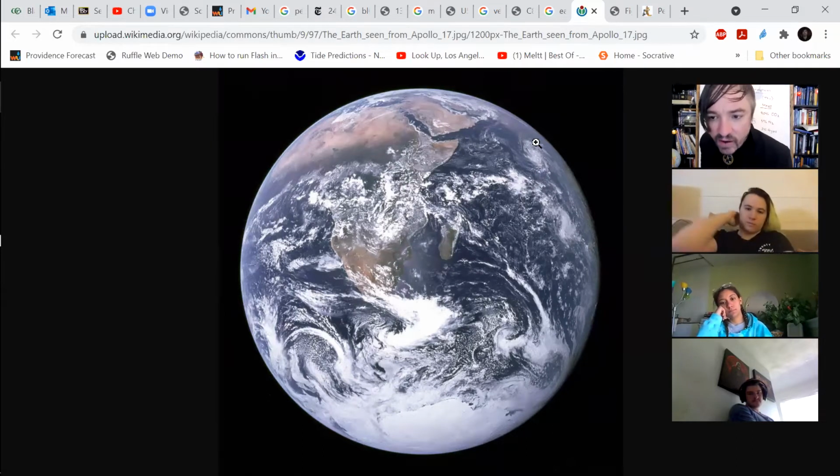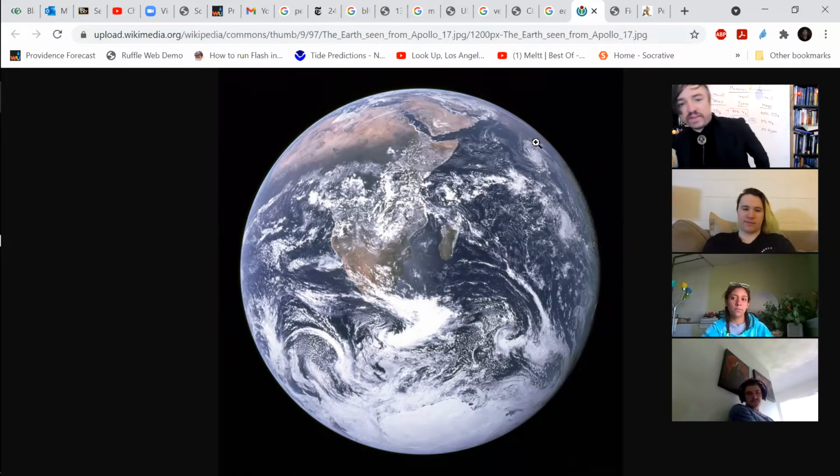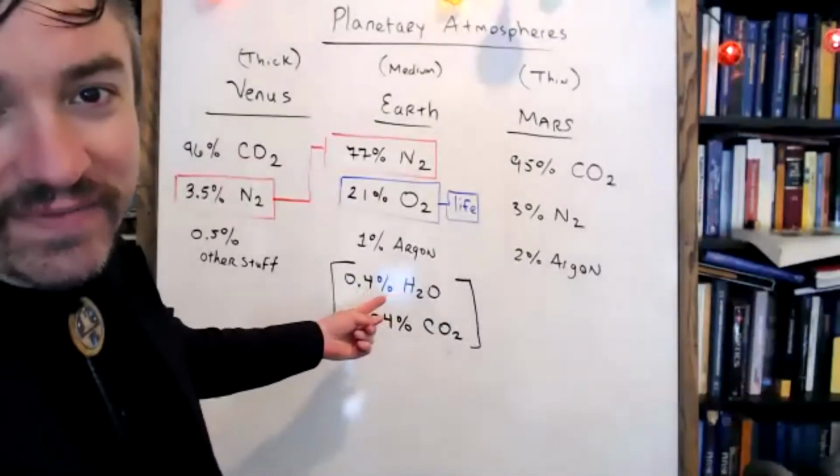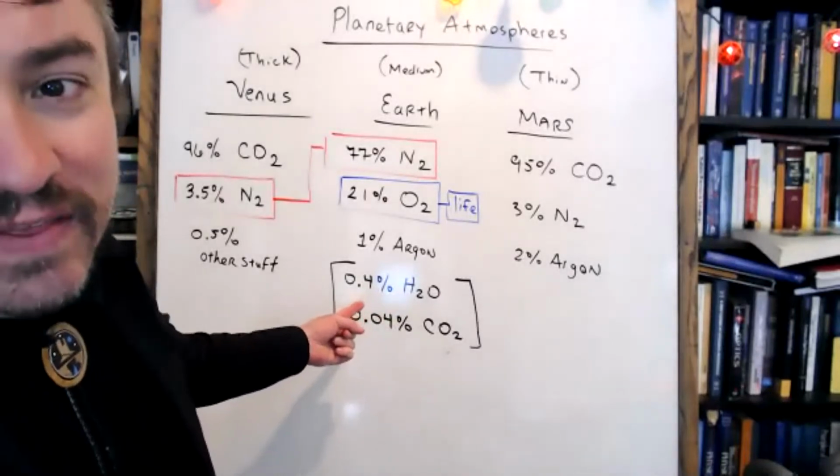If you looked down at the atmosphere of Earth with your eyeballs, what would you conclude is the primary atmospheric gas in Earth's atmosphere? Water? That's right. Because the first thing you see, Jenna, are all those big white watery clouds. And it looks like it's a pretty substantial fraction of our atmosphere. And yet, Jenna, what percentage does water actually make of our atmosphere? 0.4%.